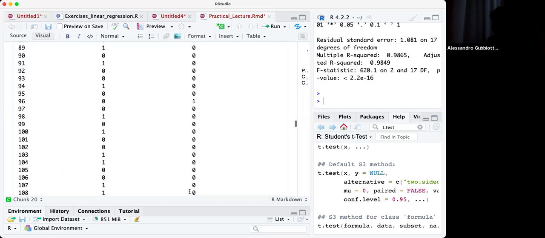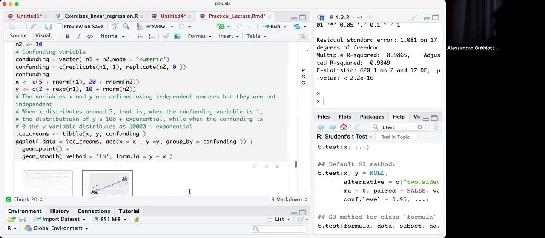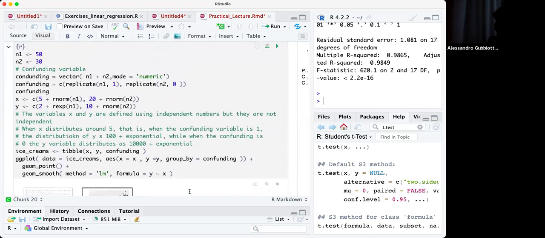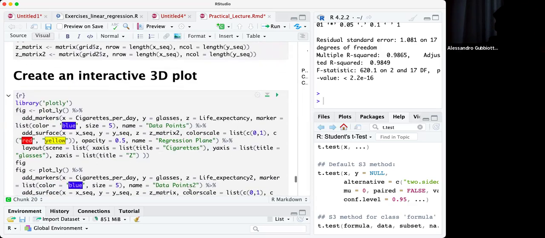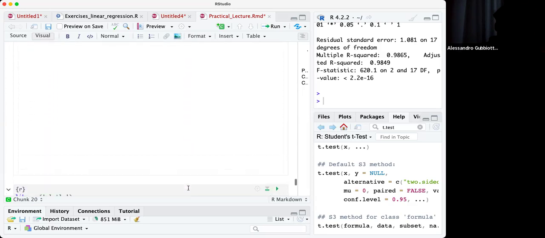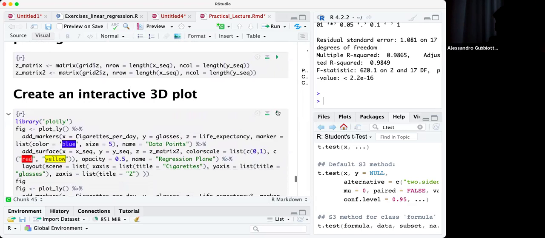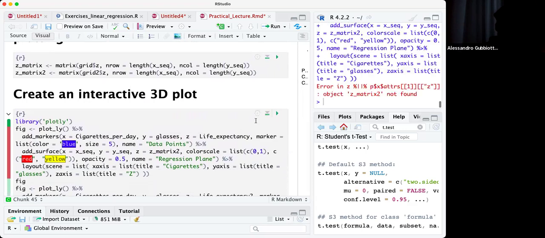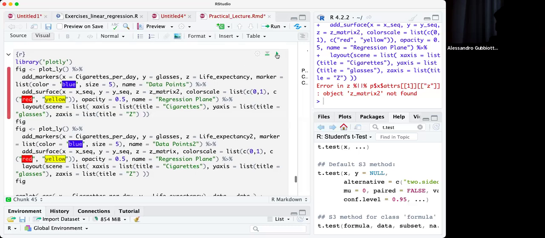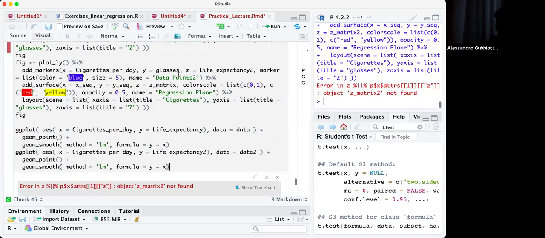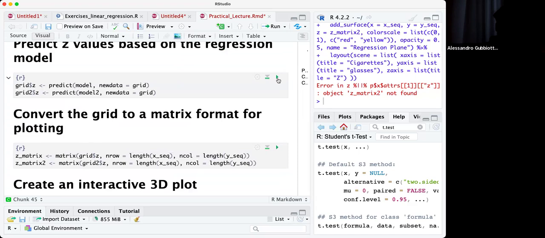Maybe I can try to use the code to do a 3D plot, which is quite nice actually. I had written it here.